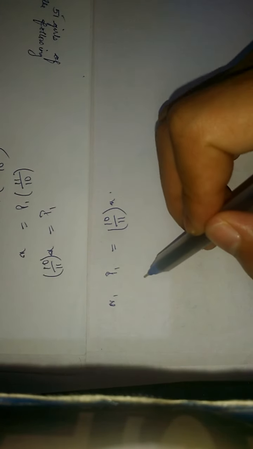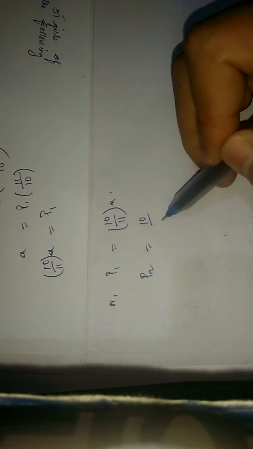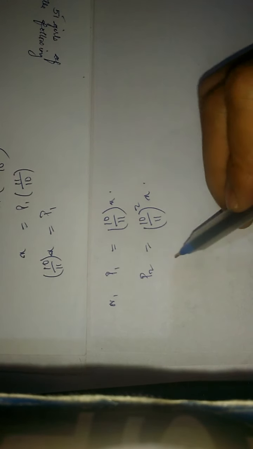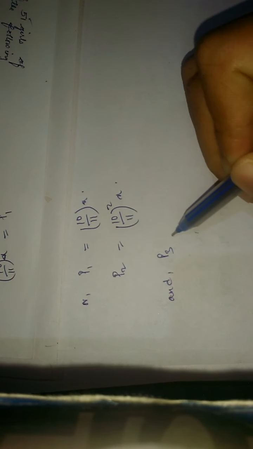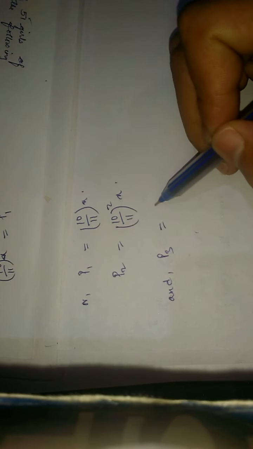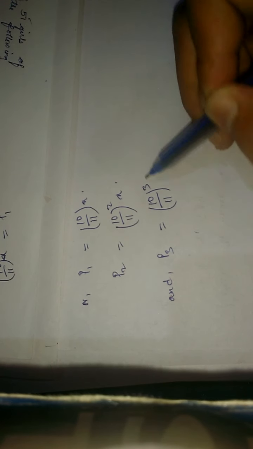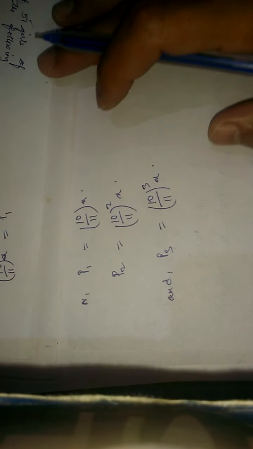And P2 will be 10 by 11 squared x, and P3, since this is the third installment, you have to put the cube here, 10 by 11 cubed x. These are our principals in each installment.